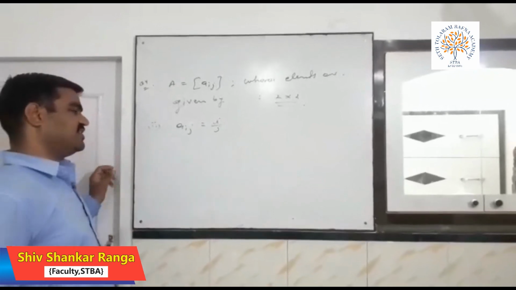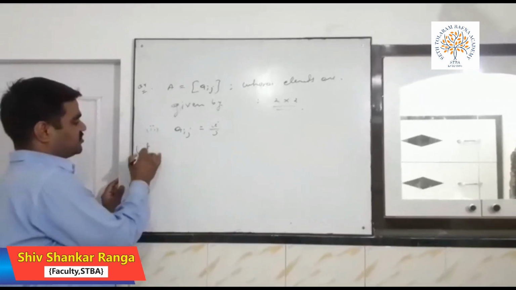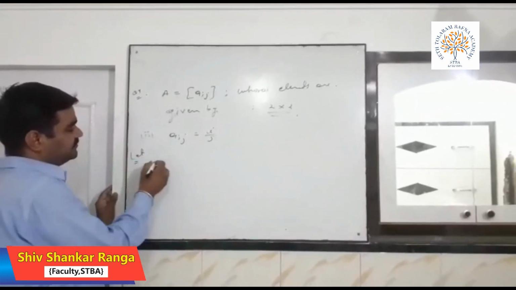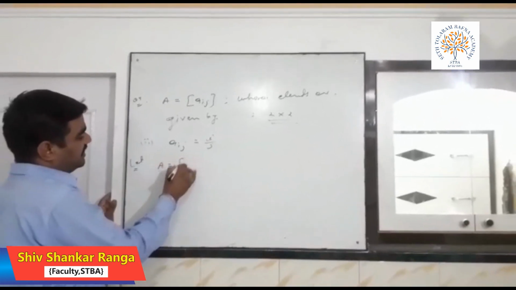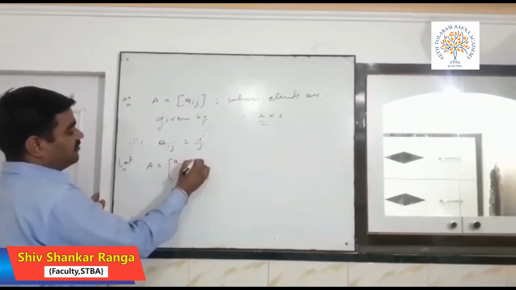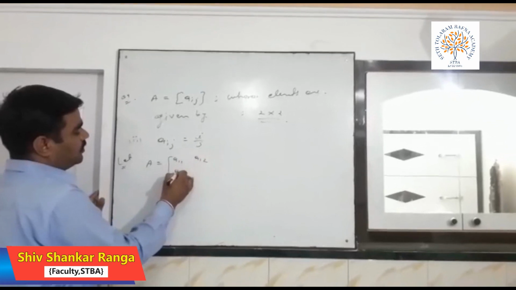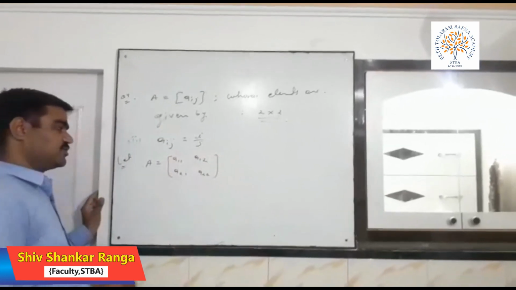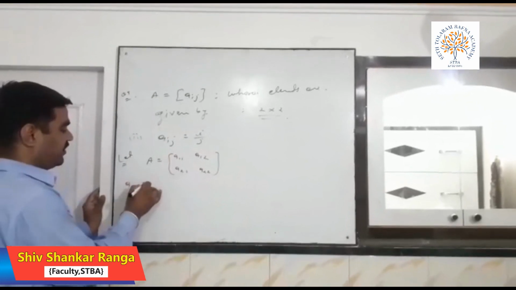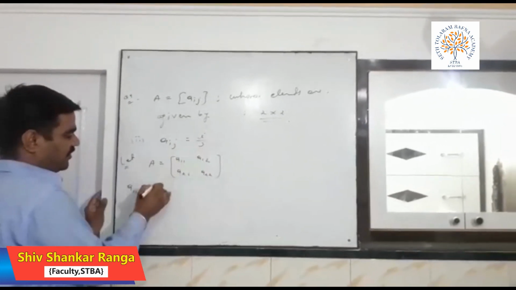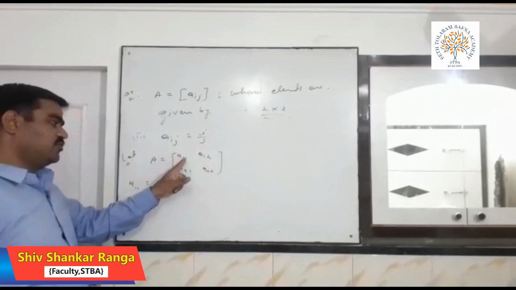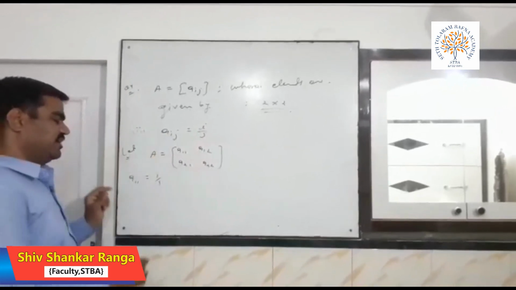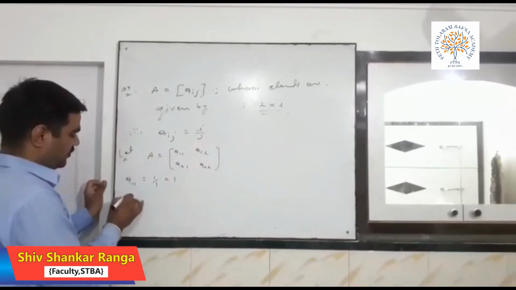As in the question, first of all, let matrix A is equal to A11, A12, A21, A22. Then solve A11. A11 is equal to 1 upon 1 because I has the value 1 and j has the value 1, and the result is 1.